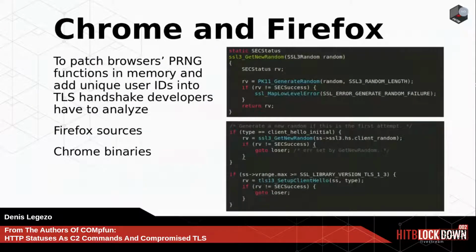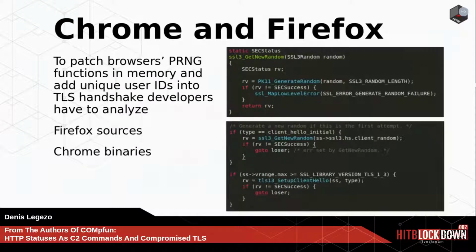And for sure, to patch, thank God Firefox is open source, so they don't have to reverse the binary code. And in the case of Chrome, for sure, they have to analyze this huge DLL, which also includes the SSL capabilities, to spoof the pseudo-random number generator.